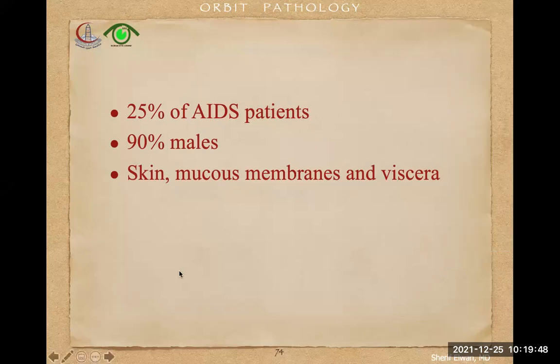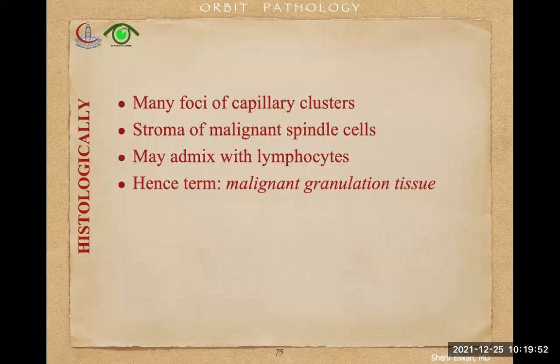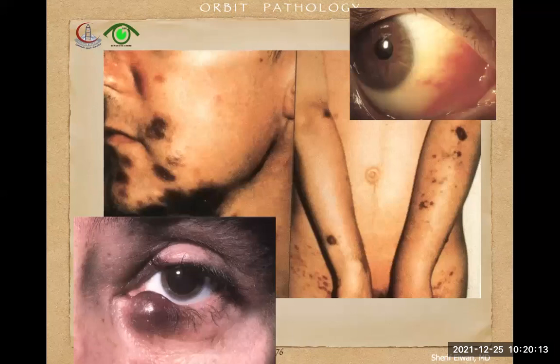So it may occur in the skin of the eyelids. Capillary clusters with stroma of malignant spindle cells may admix with lymphocytes, hence the name malignant granulation tissue. So the malignant cells are the stroma, the spindle cells, with admixture with lymphocytes.